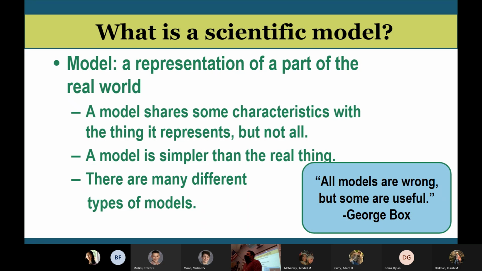Okay. Now here's the thing about models, and this little blue box down here, you might not be able to see it. Is that all models are wrong. That's the whole point of a model. All models are wrong, but some models can be useful. A model is not perfect. That's the whole point of a model.